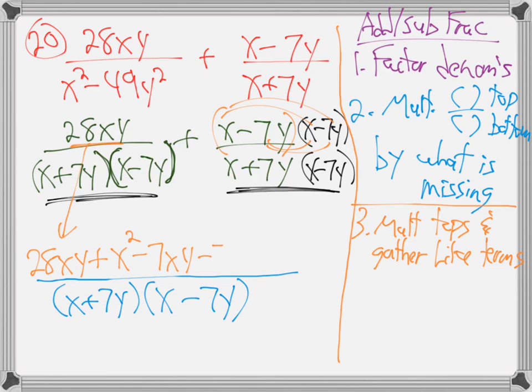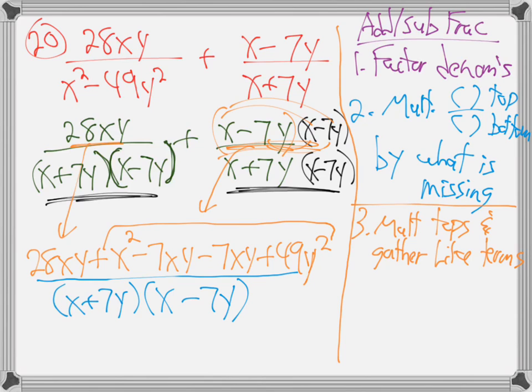Boom, boom. Minus 7xy plus 49y squared. So everybody see what happened there? All of this became these four. I just FOILed that out. X minus 7y times x minus 7y. It became all of that.